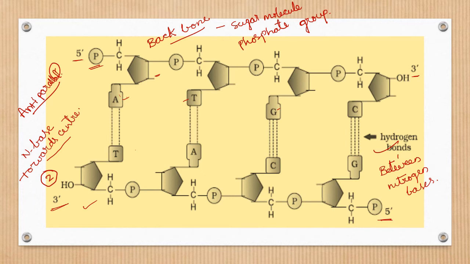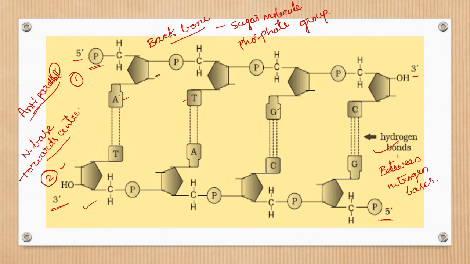Let me briefly give the explanation again. The DNA is made up of two polynucleotide chains. So this is one and this is the other polynucleotide chain. These two chains are arranged anti-parallel, or parallelly in opposite directions. So if one strand is present 5' to 3', the other strand is present 3' to 5'.